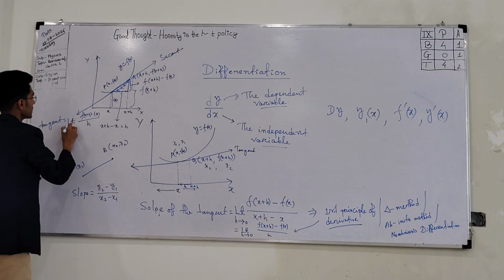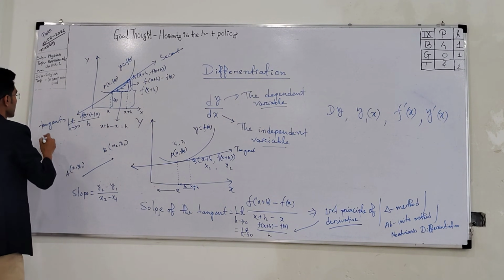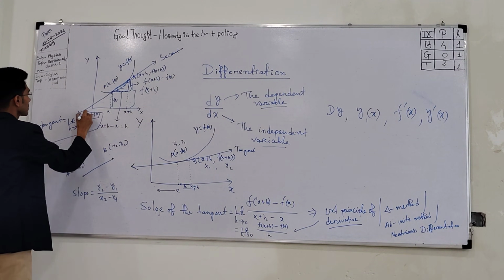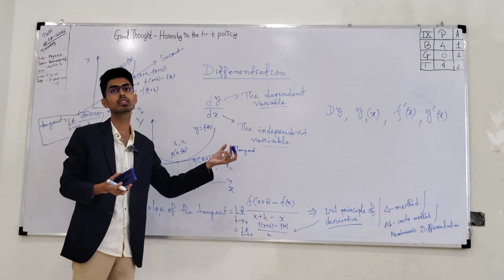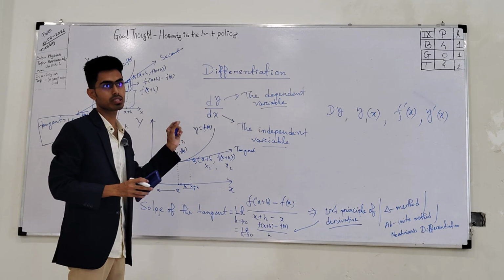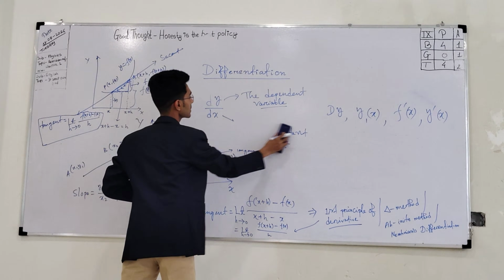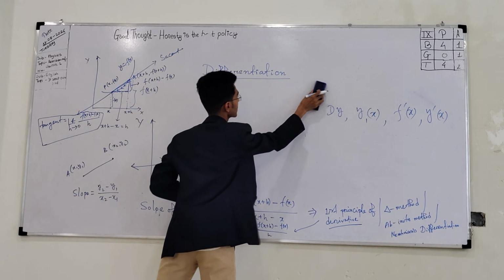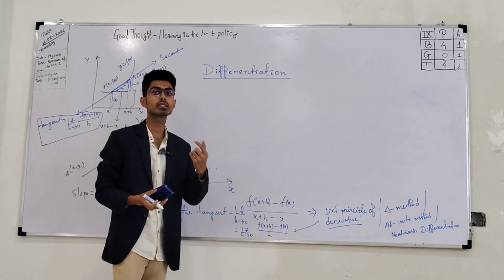So we can say limit h tends to 0, f of x plus h minus f of x divided by h. In that way we can find the slope of the tangent, that means the differentiation. This is the basic principle of differentiation. In that way we can calculate the derivative.